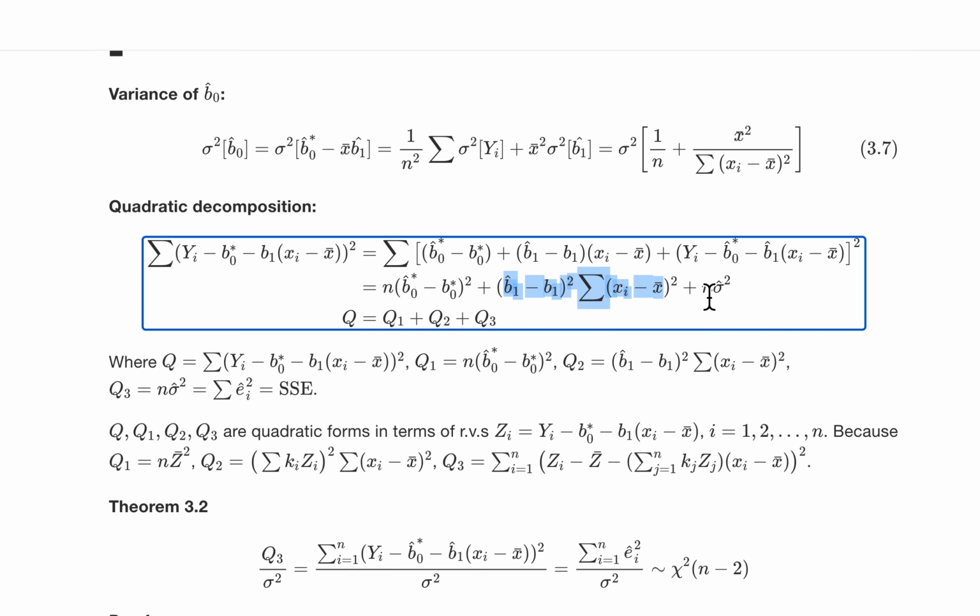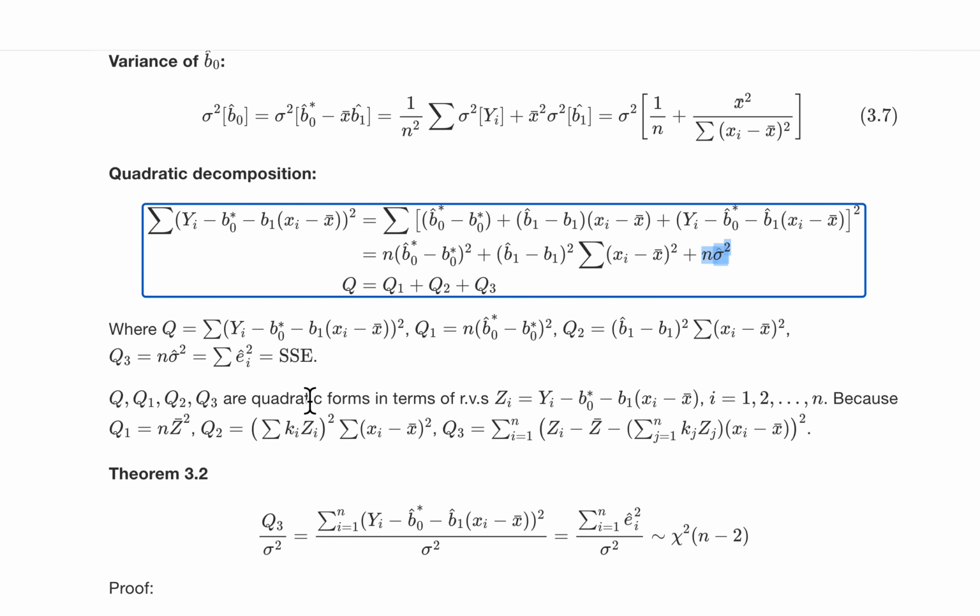The terms here are actually quadratic forms. So if we write the first term as q, the second term as q1, the third term as q2, and the last term as q3, let's see why this is a quadratic form.